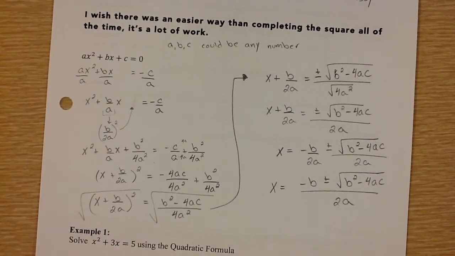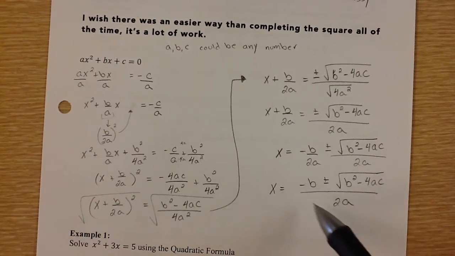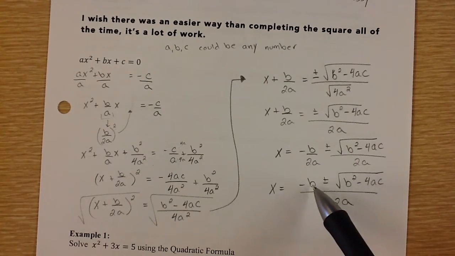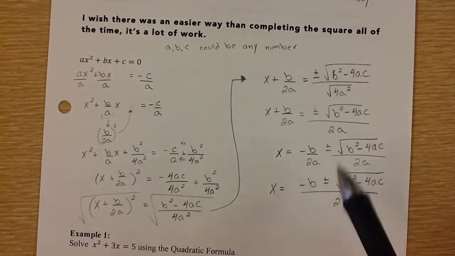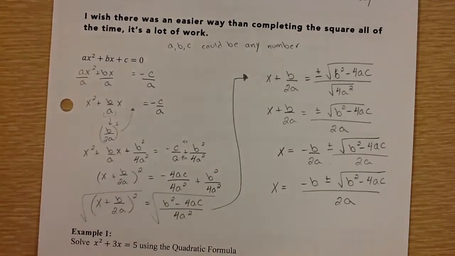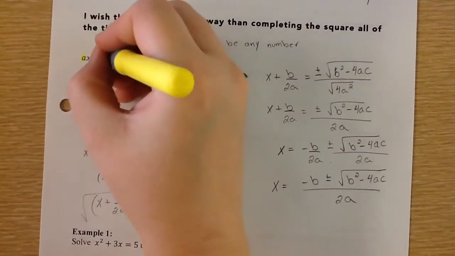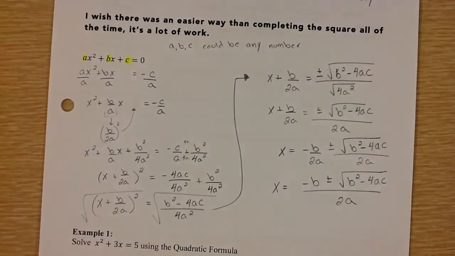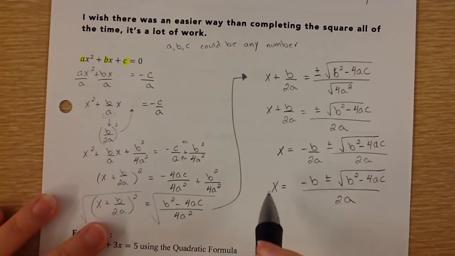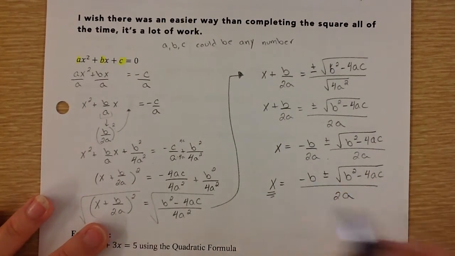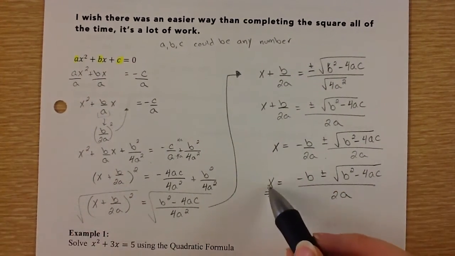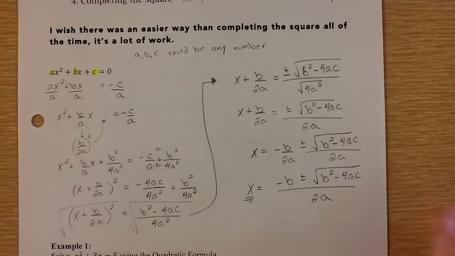Okay, so now we have x is equal to this thing, but this is only in terms of a's, b's, and c's. Again, with my a, b, and c being those numbers here. The a is in front of my x squared, the b is in front of my x, and the c is my constant. And when we're solving, isn't our goal to figure out what x equals? So now I know x equals this thing, okay?